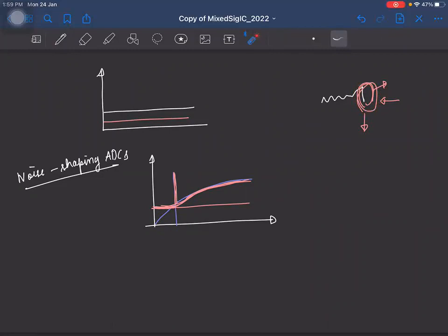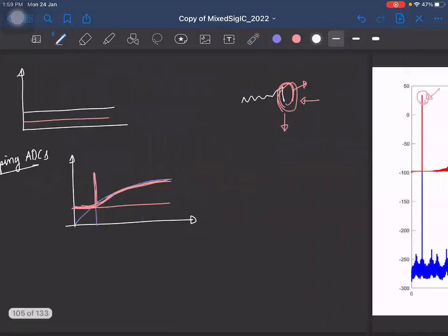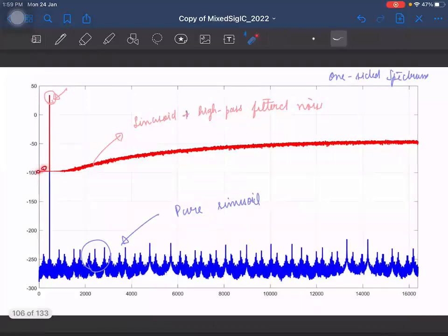These sudden jumps will happen again periodically, and because of that, we'll have a flat portion in the spectrum. So the overall spectrum, instead of looking like a high-pass shaped spectrum, will be flat at low frequencies, and that is what we saw in the simulation as well.